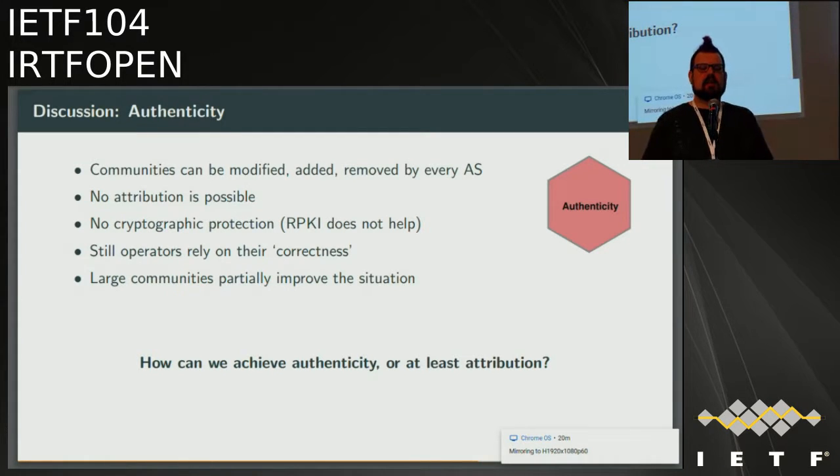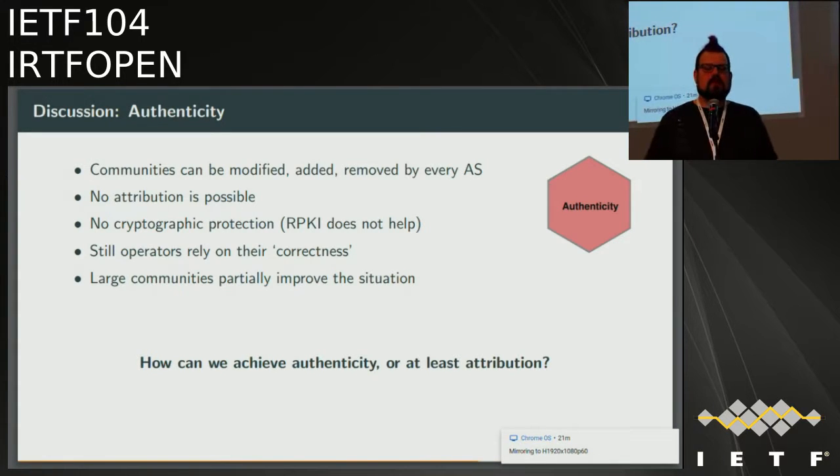It means even if you found out that there is an incident, you cannot find out who is actually responsible for that. We all know RPKI, but intentionally this is not able to secure communities, because we do want ASs on the AS path to modify routing and to add path prepending, for example.